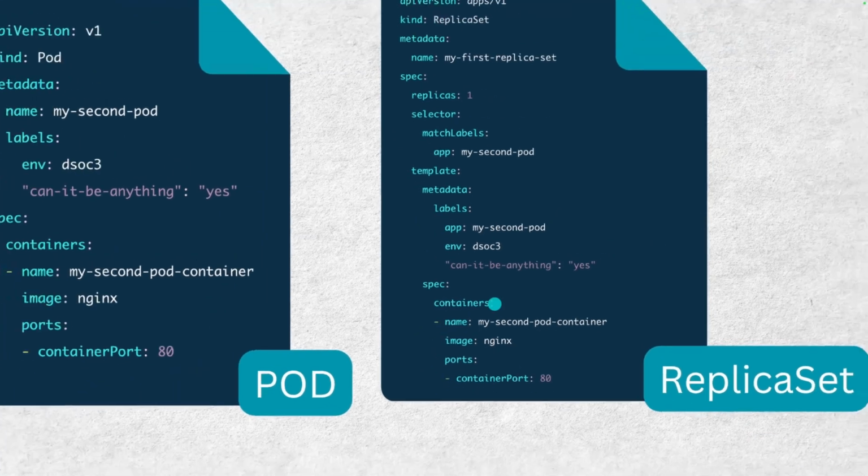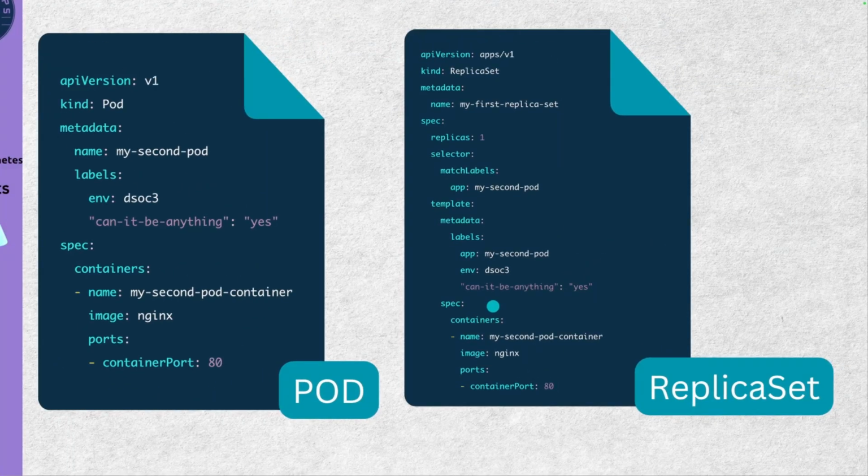So basically what happened here is no big deal. What is important in the replica set is that this template is very similar to what we have over here. When you see this metadata and this metadata, both are the same. But if you see labels, here we have labels app, additional, and env dsoc3, and it can be anything.